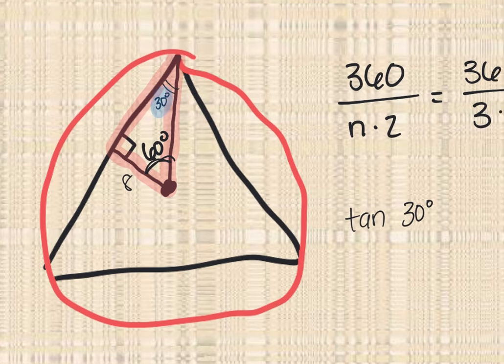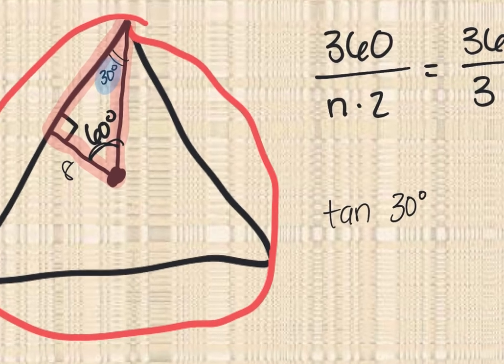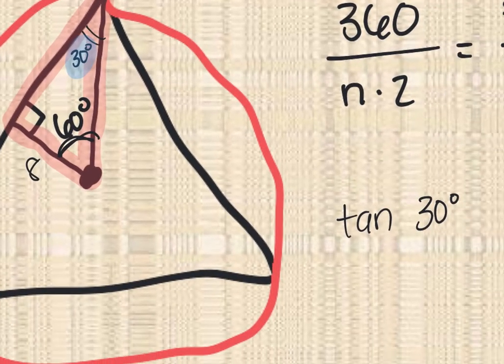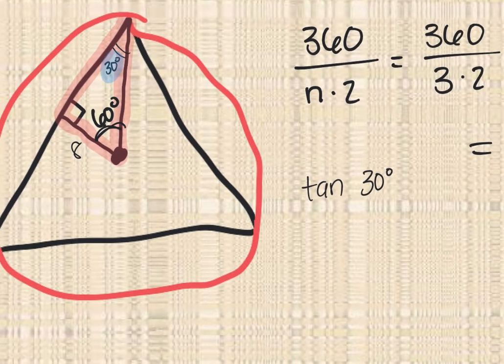Tangent is opposite over adjacent. Do you guys agree? What's opposite the 30 here? Xavier? The 8, right? So the tangent of 30 is going to be 8 over this side, right? 8 over, we'll label it y.